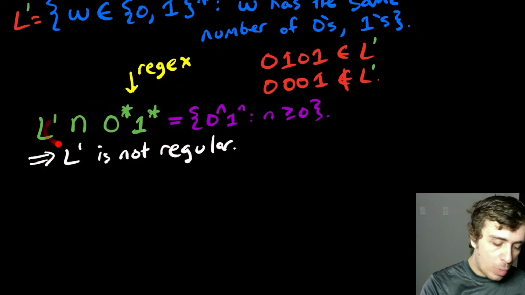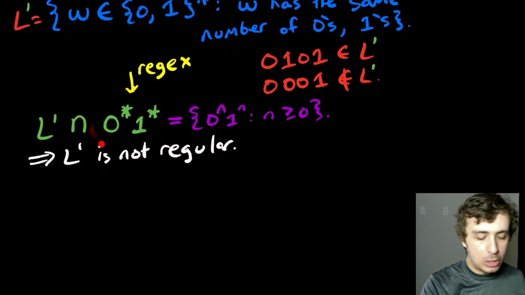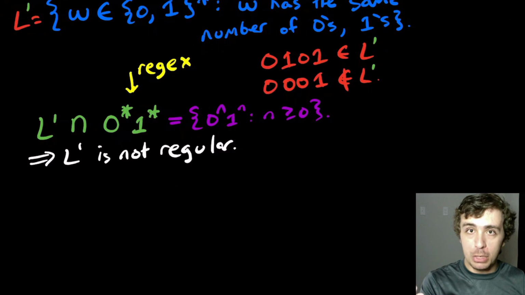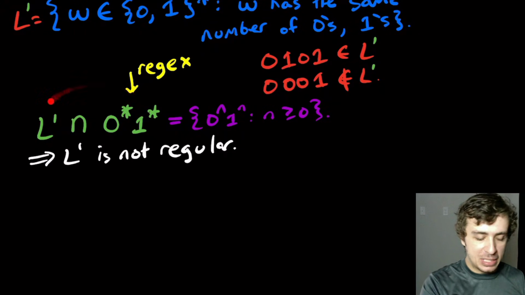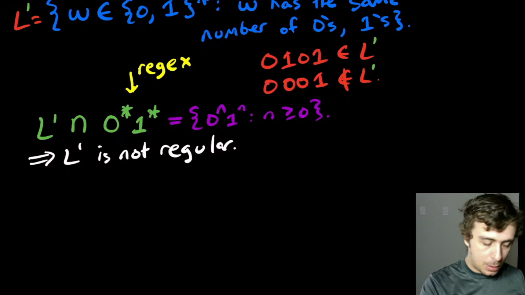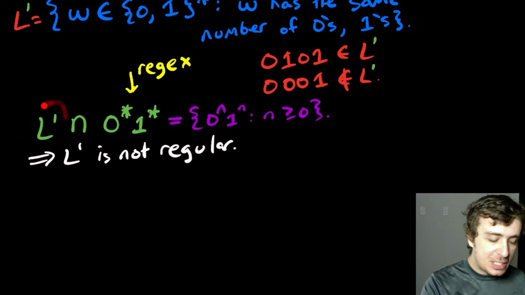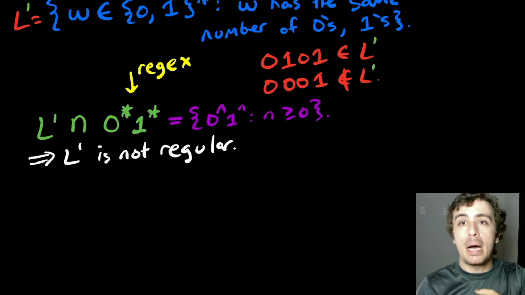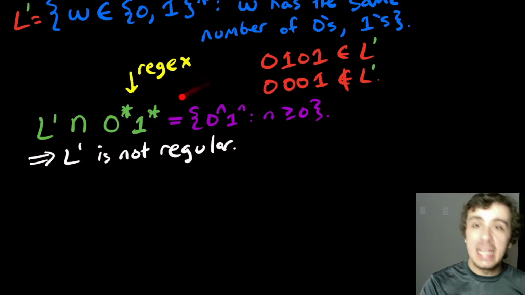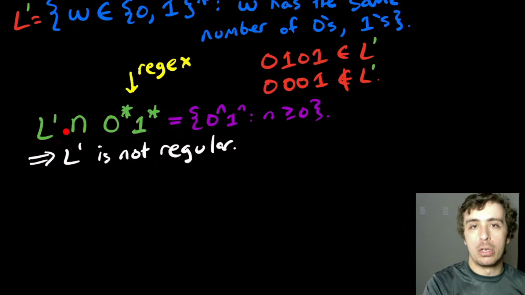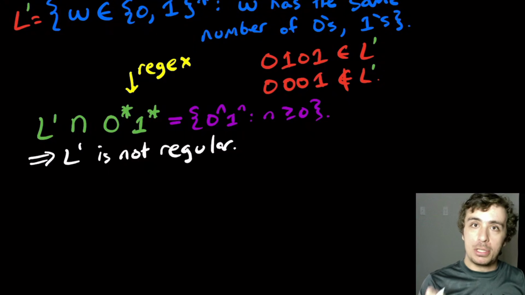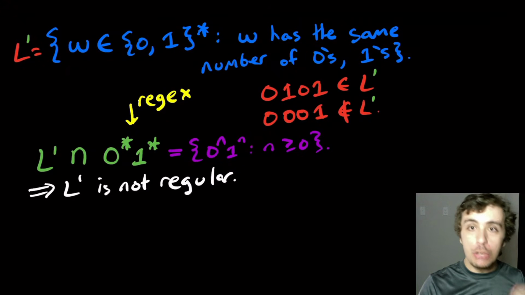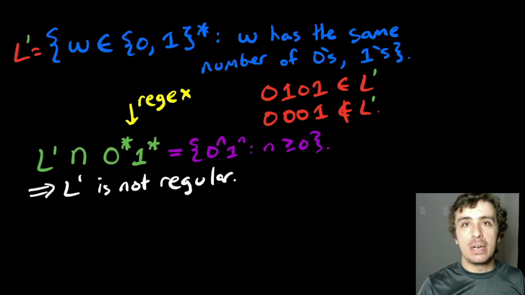So often we intersect things with regexes like this. It preserves the regularity of whatever this is. Well, actually it doesn't, but if this thing is regular, then the resulting thing is regular. So then the contrapositive is, if the resulting thing is not regular, then the original thing couldn't have been regular. So it preserves the regularity in that sense. So use these techniques, they're very, very useful.